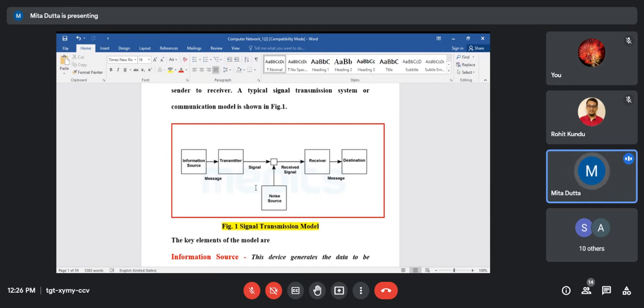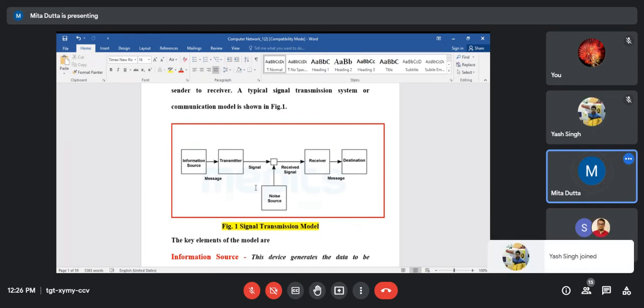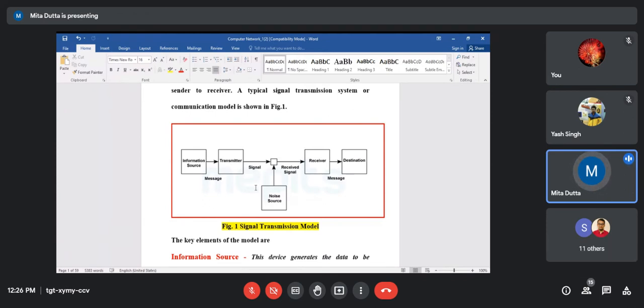Similarly, in broadband or carrier communication, we have analog and digital parts. In the analog part, we have amplitude modulation, frequency modulation, and phase modulation. Whereas in digital form, we have amplitude shift keying, phase shift keying, and frequency shift keying.